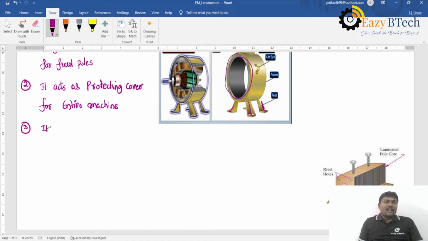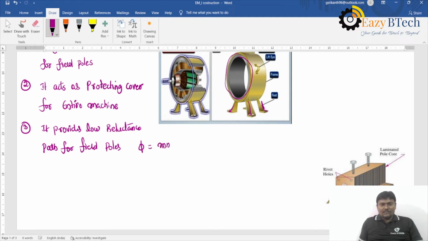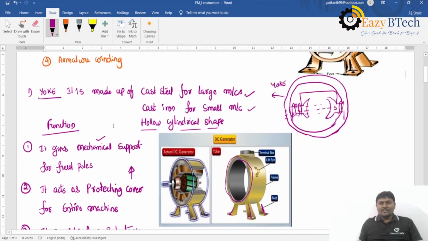And third, the most important, it provides a low reluctance path for field poles. Flux is equal to mmf by reluctance. If the reluctance value is low, then the flux distribution is more.